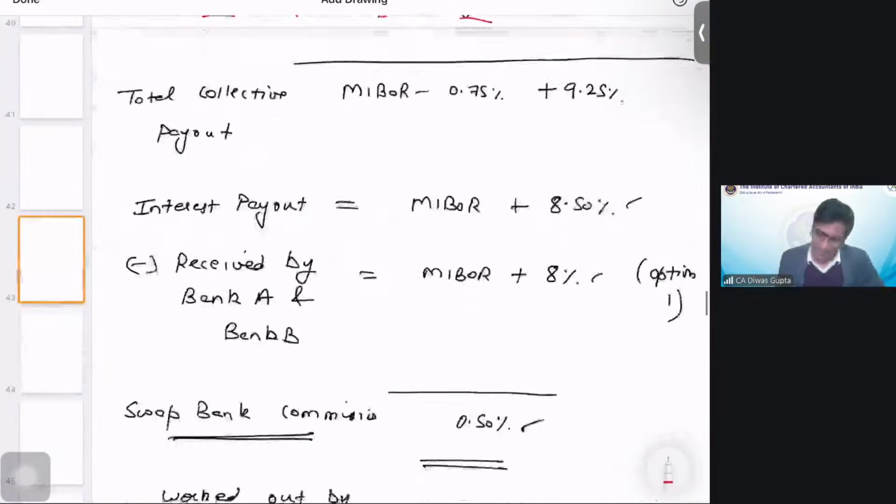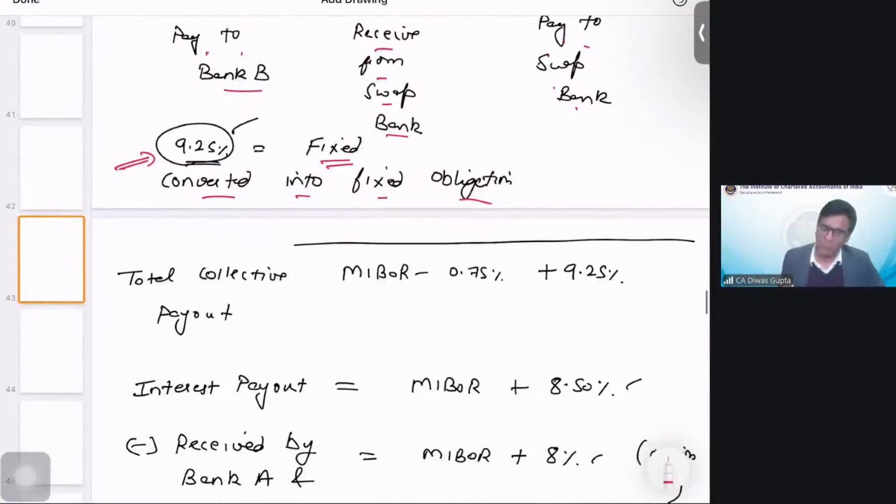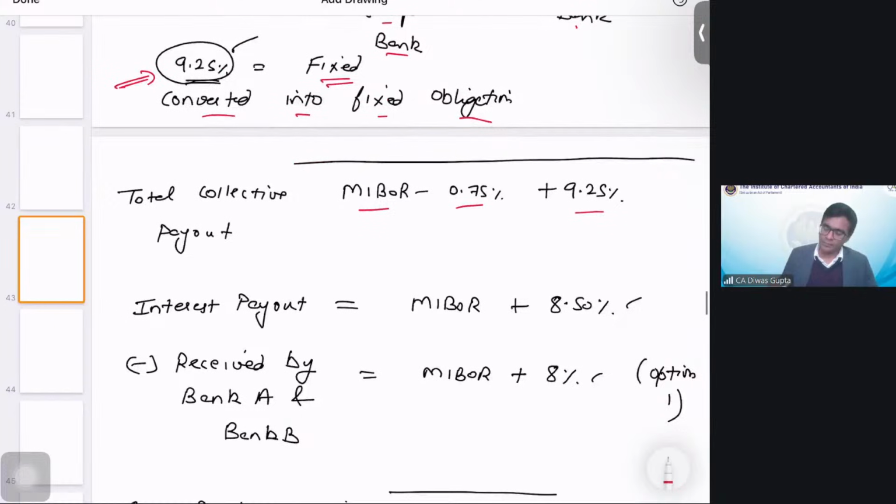Okay. So if you see what is the total collective payout, students, MIBOR minus 0.75% is with company A, plus 9.25% is with company B. So the interest payout happens as MIBOR plus 8.5%.